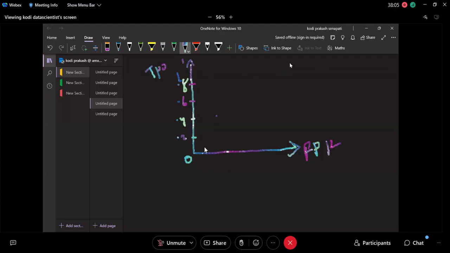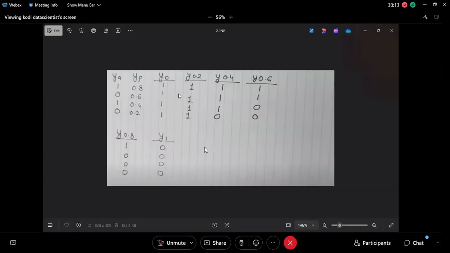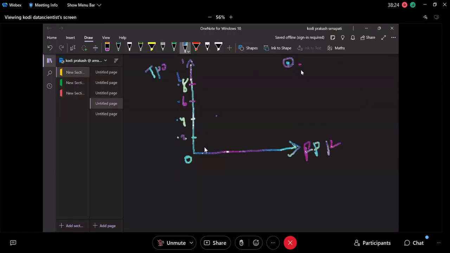Can I get this point 1,1 or not? Do you understand TPR and FPR? So at 0, I get 1 comma 1, and at 0.2 also I get 1 comma 1, because every value is 1 and 1.